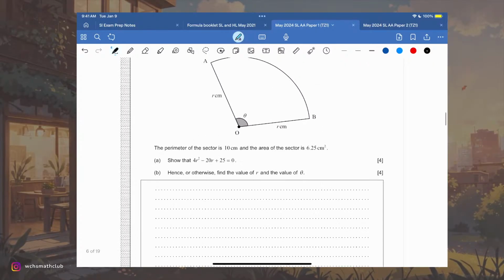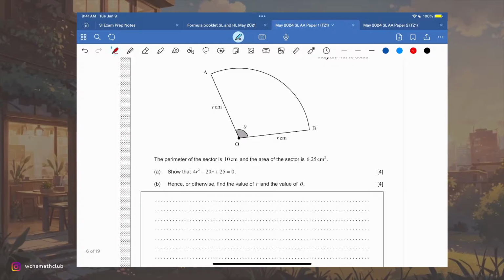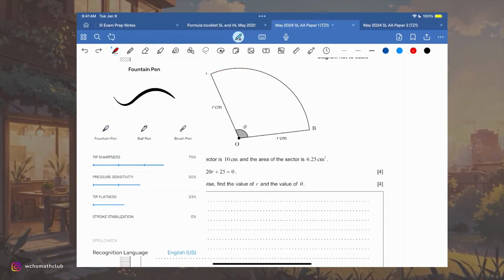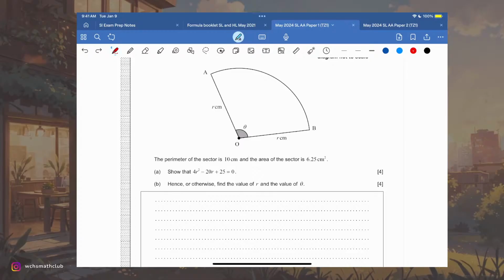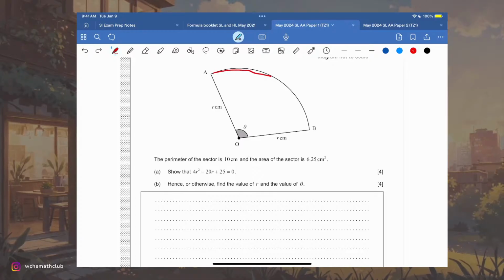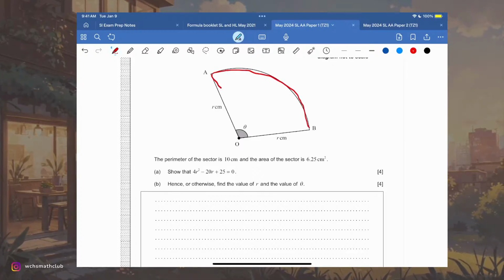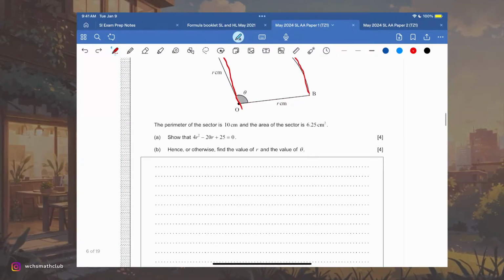In terms of perimeter, that is basically saying this region right here, or actually I'll make the line a little bit bolder. Okay, so it's going to be this arc right here plus these 2 lengths. That's going to be our perimeter.